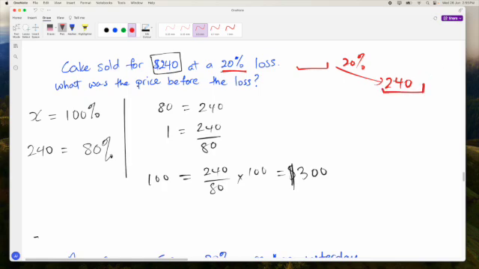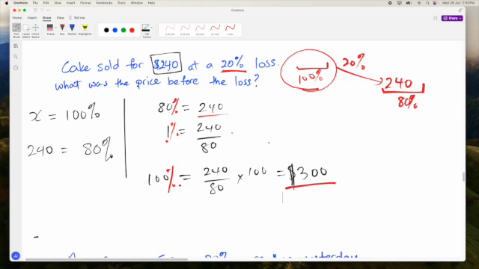So we can see here that if we treat this as the 100%, well, then this price would represent 80% after a 20% loss. So you have the 80% is equal to 240. That would represent our price at 240, and so we could find for 1%, and then we could find for the 100%, which is the original we were looking for in the first place, and that gives us $300 was the price before the loss.